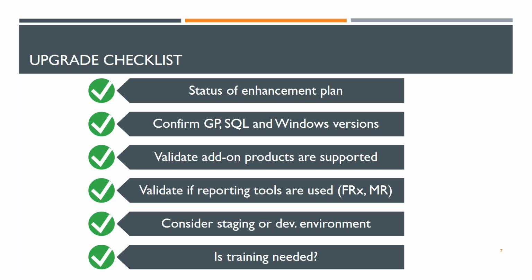In that case, I would strongly recommend having a staging environment so that you can show them the changes to the interface, so they understand how to navigate properly, just to give them comfort, so they know where to go do their cash receipt on Monday morning when they come in after the upgrade. So you're going to want to consider whether or not you need to do training. And I think that's about it for the checklist.